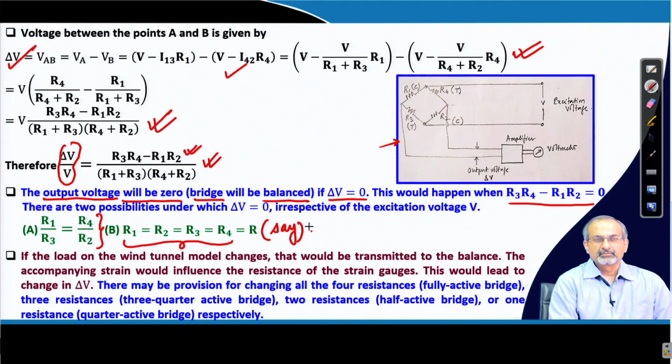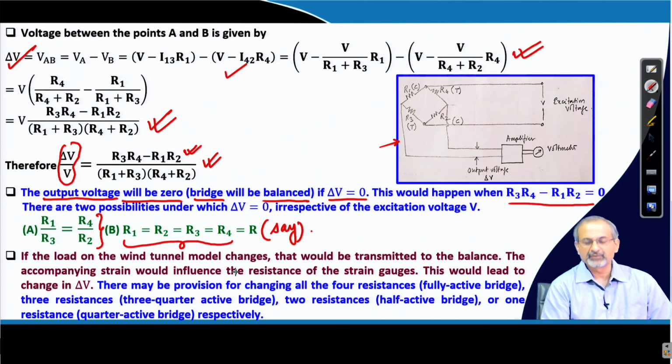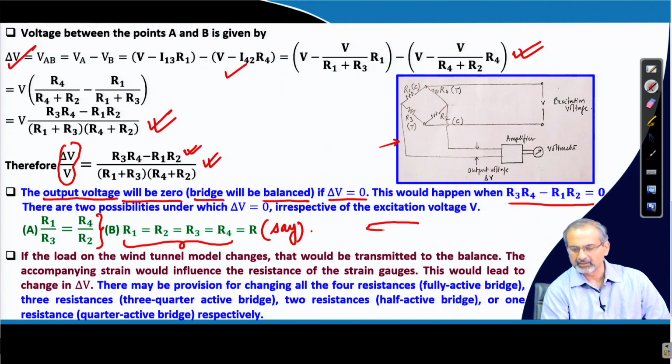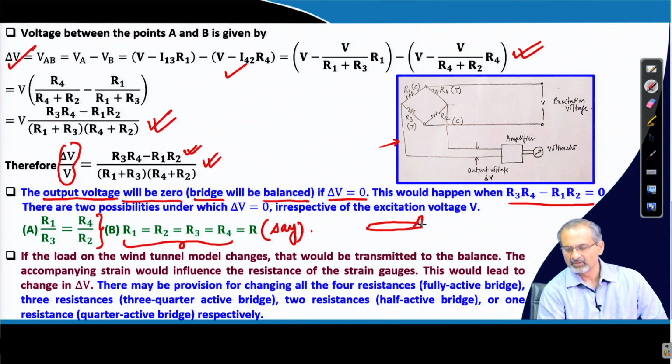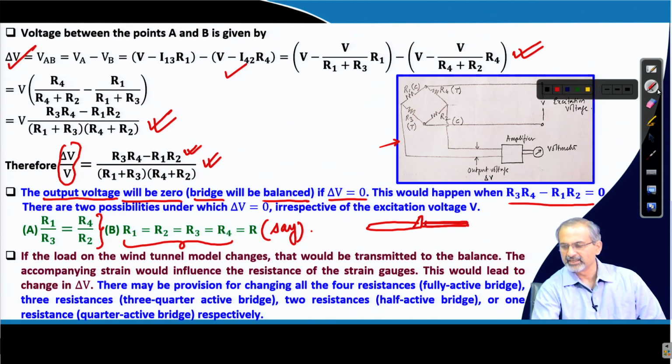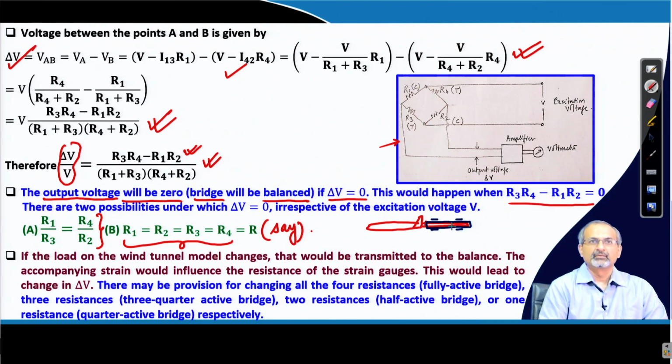Now, if the load on the wind tunnel model changes, we have to remember that there is a wind tunnel model which is connected to a balance, and the strain gauges, which are basically the resistances that we are talking about, are bonded to this balance in some manner.